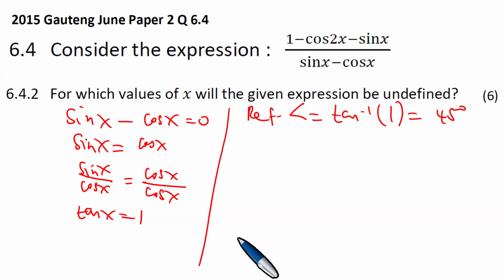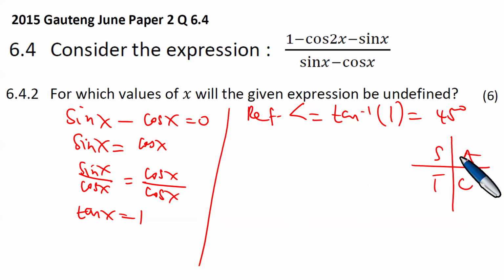And then you say quadrant 1. But what other quadrant is there? Quadrant 3. Well done. So quadrant 1, quadrant 3, because it's positive.